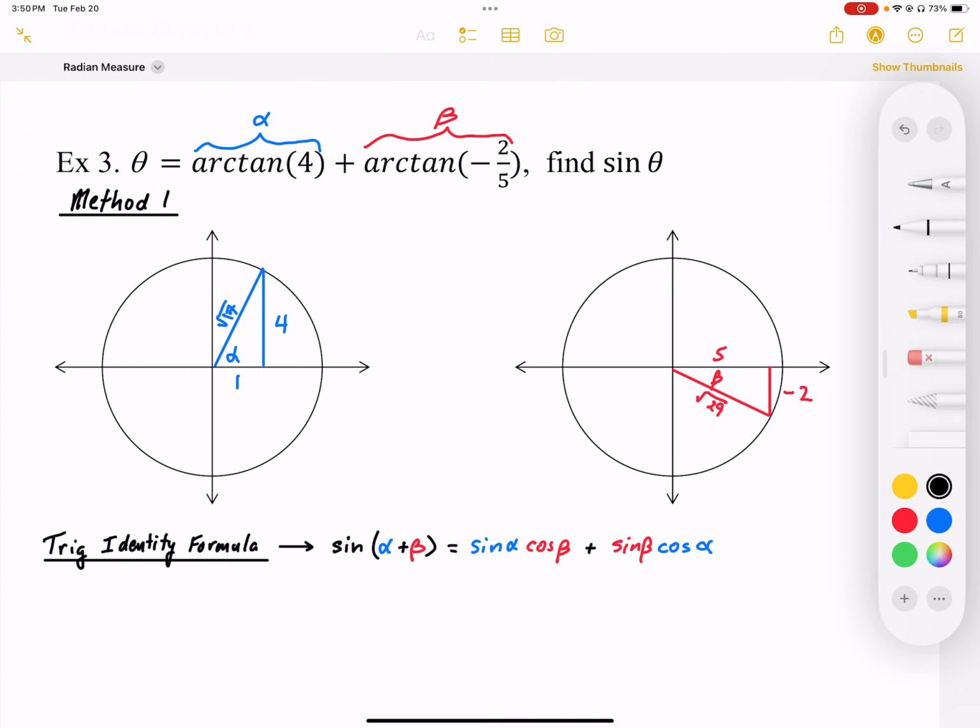So just to make sure we are on the same page, we've defined arctan 4 as angle alpha, arctan negative 2 over 5 as angle beta, and when we add those together, we get angle theta.